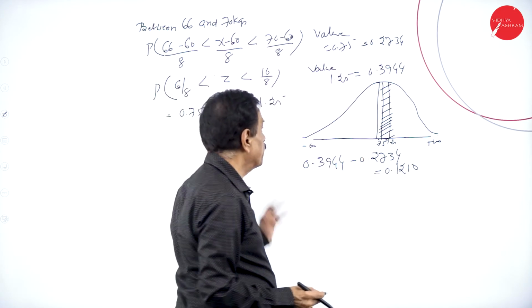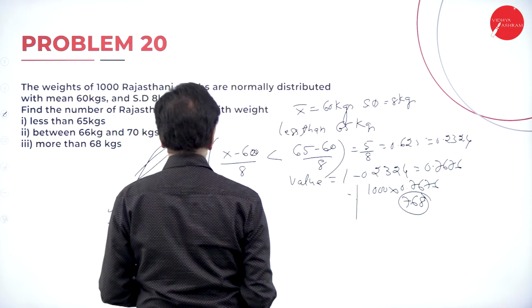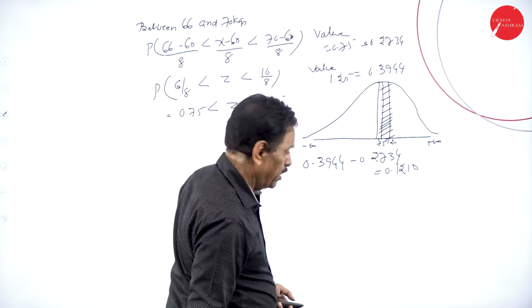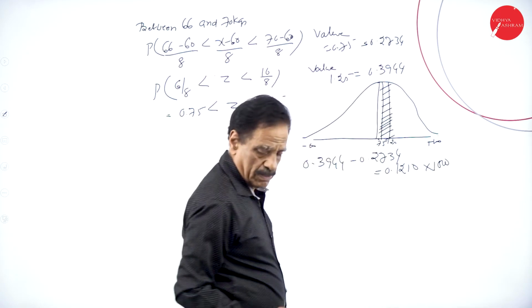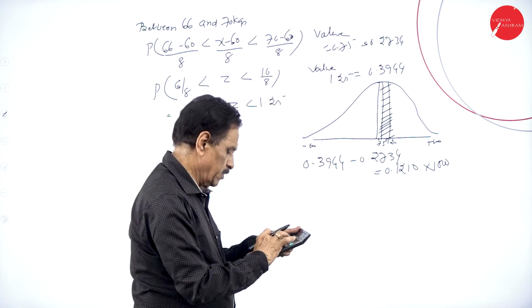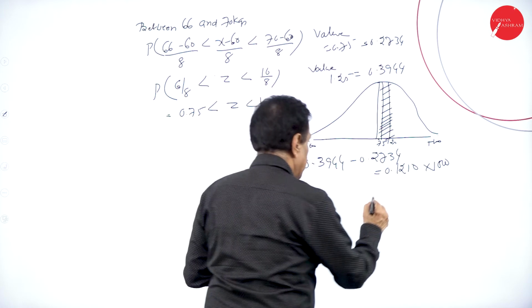This is the answer. Multiply by 1000, the number of students, so 121.